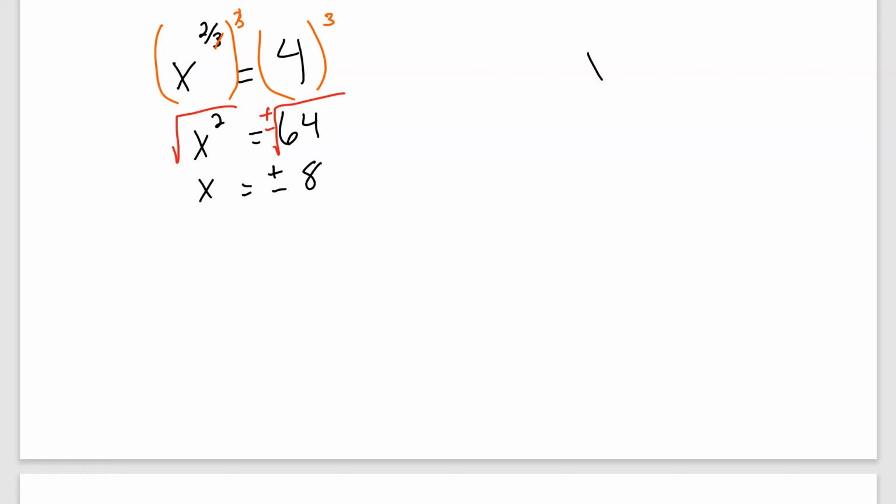With x raised to the 2/3 is equal to 4, some like to raise things to the inverse, which would be the 3/2 power. And you can do that, but you have to remember, if you have an even number in the denominator, you have to remember to put a plus or minus sign in front.